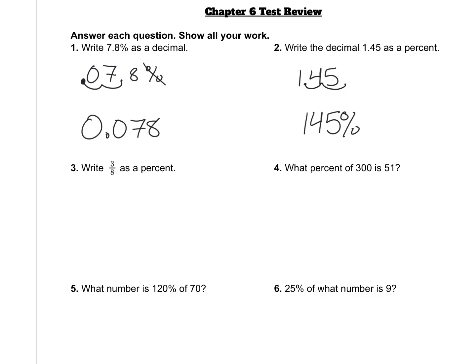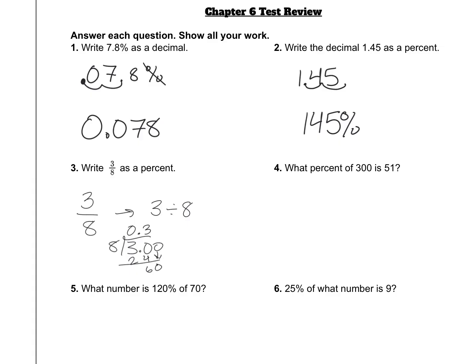Number 3, write 3/8 as a percent. 3/8. All right, my first strategy I want to think, is there an easy way to get it to 100? 8 doesn't really go into 100, so we're going to resort to dividing, which would be 3 divided by 8. All right, 3 goes inside, 8 goes outside. 8 doesn't go into 3, but it goes into 33 times, leaving me with 6.